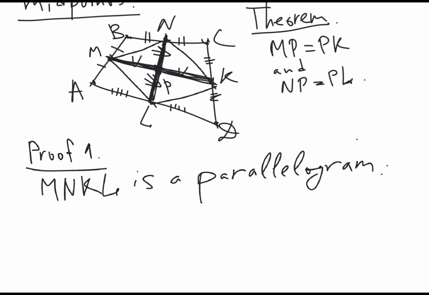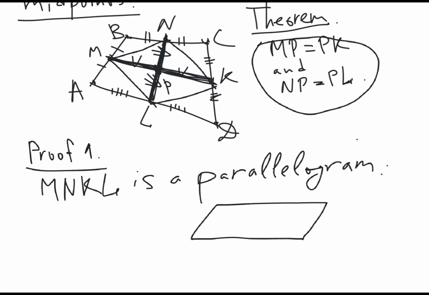And from this, this statement immediately follows, because in a parallelogram, it's a well-known fact that the diagonals are divided by their intersection point into equal halves, right? This can be proven simply by considering the equal triangles.